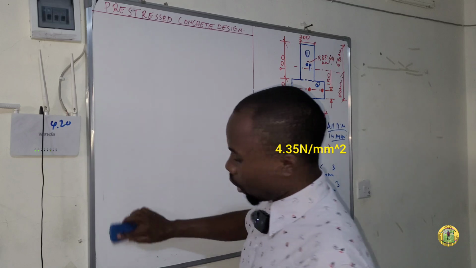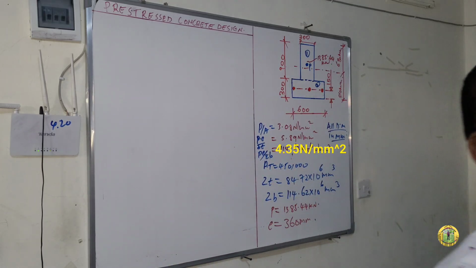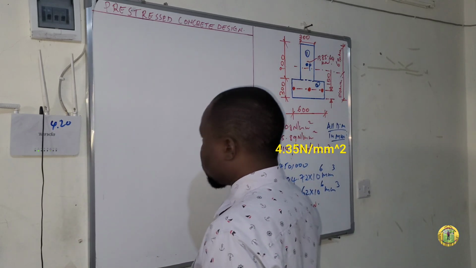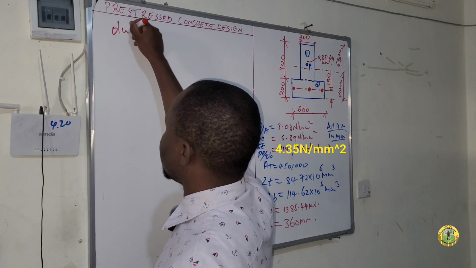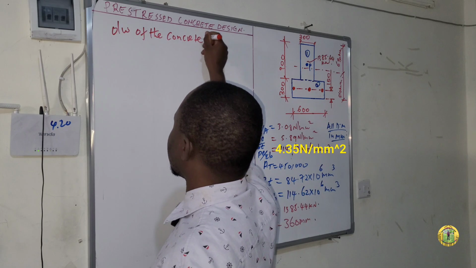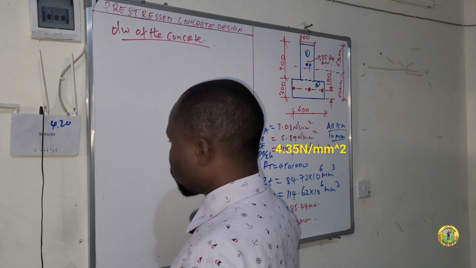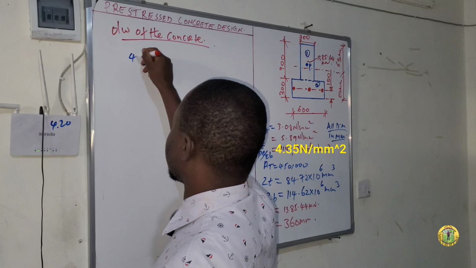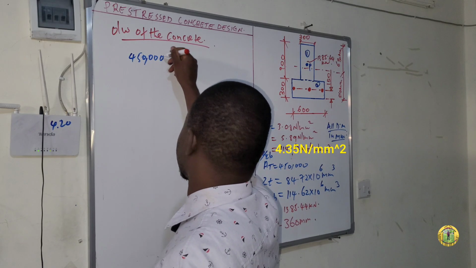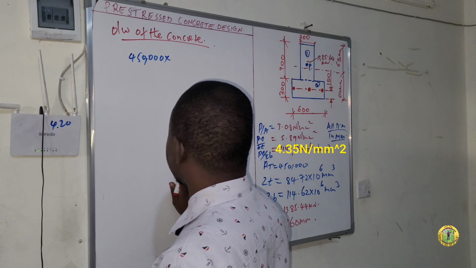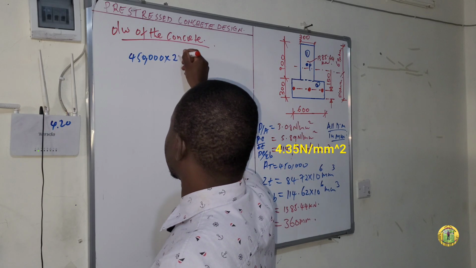So we now proceed to the own weight of the concrete. So we know the total area is 450, and we also know the unit weight of the concrete is 24.